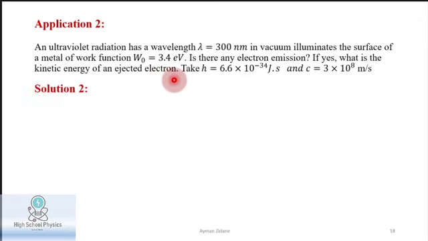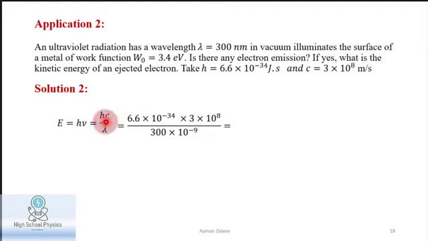Okay, the solution: first you need to calculate the energy of the photon. Okay, you substitute the values and you will obtain that the value of the energy in joule is 6.6 times 10 to the power minus 19, and in electron volt 4.13 electron volt after you divide by 1.6 times 10 to the power minus 19.